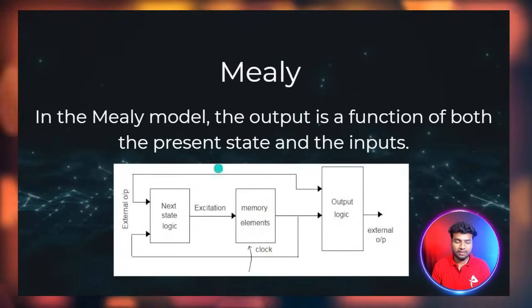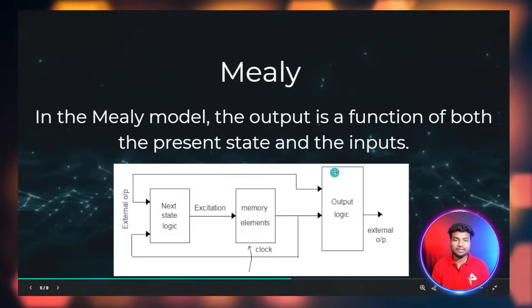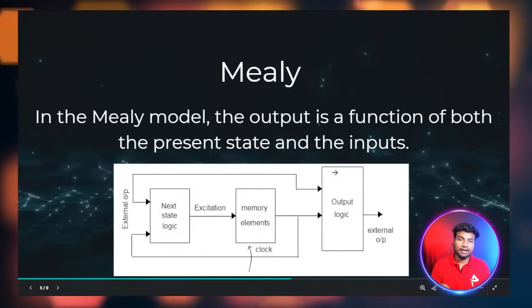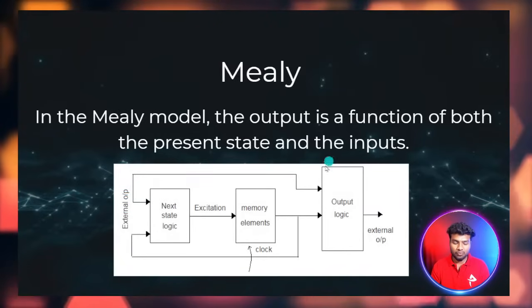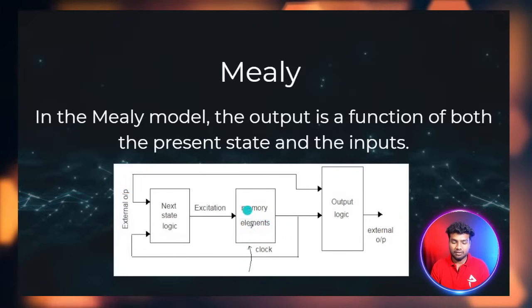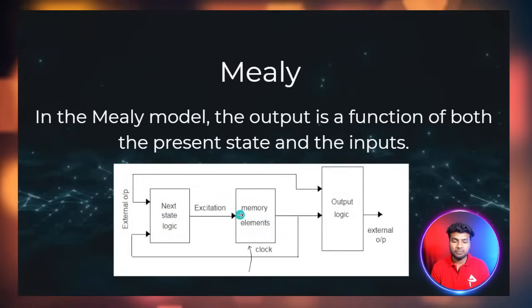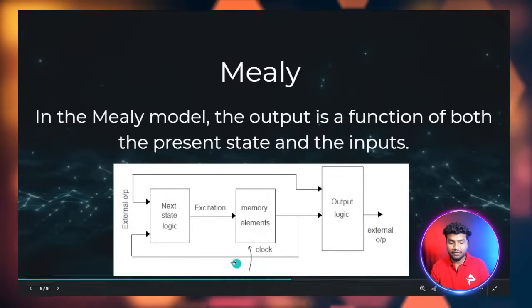And this is the logic diagram of the Mealy type. The output depends on both the current state and the current input. This is my input signal. The output logic depends on the current input and also on the memory state of the Mealy type. The memory state stores the previous output value.